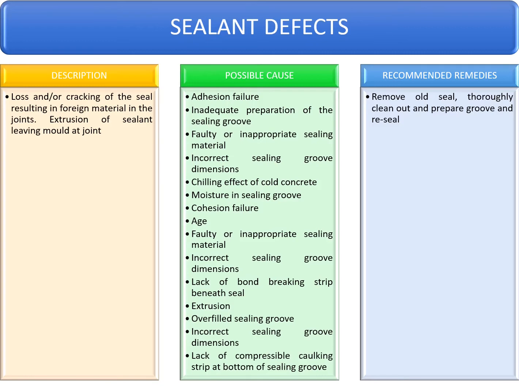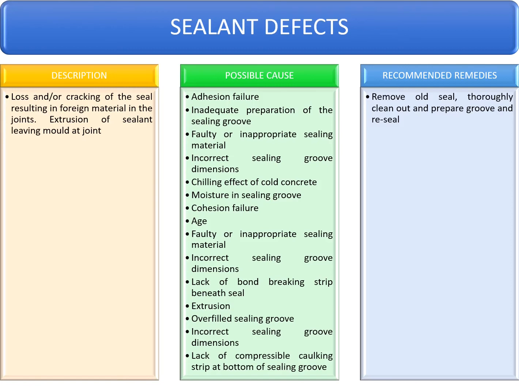When it comes to cohesion failure, it is because with age the cohesion properties of the sealant decrease, faulty or inappropriate sealing material, incorrect sealing groove dimensions, or lack of bond breaking strip beneath the seal. And extrusion is mainly because of overfilled sealing grooves, incorrect sealing groove dimensions, and lack of a compressible choking strip at the bottom of the sealing grooves.